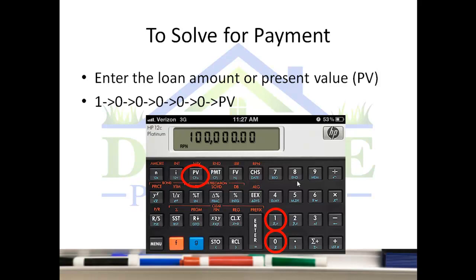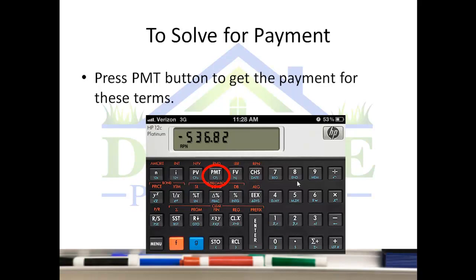You don't have to press the G in this case because it doesn't do anything for you. The next step is to press the PMT button, which will give you the payment for those terms. So a 30-year loan at 5% interest on $100,000, the payment is $536.82 a month.